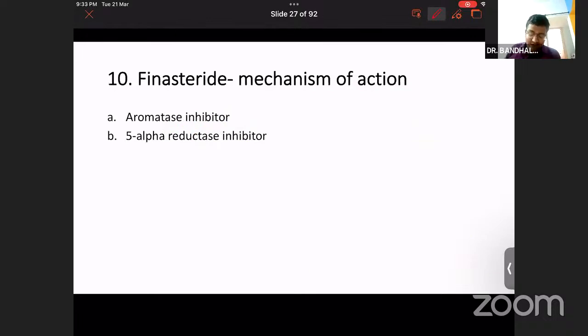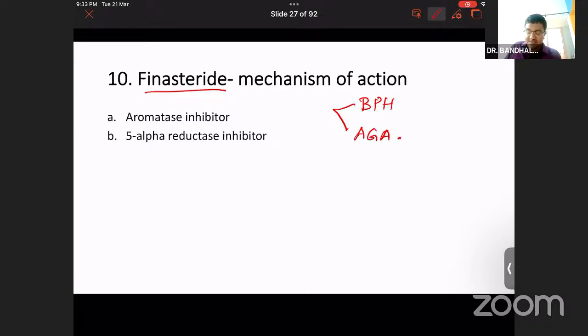Next, finasteride mechanism of action. Option A, aromatase inhibitor. Option B, 5-alpha reductase inhibitor. Finasteride is a drug used in two conditions. In urology, benign prostatic hyperplasia. In dermatology, it is used in androgenetic alopecia.